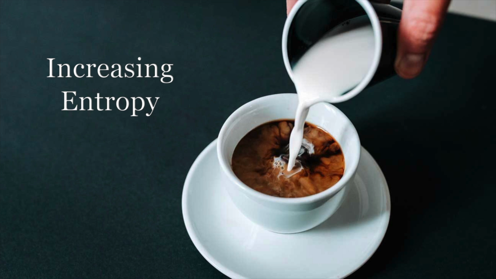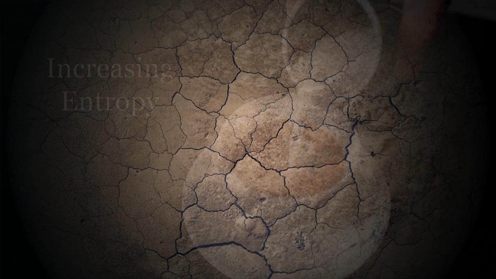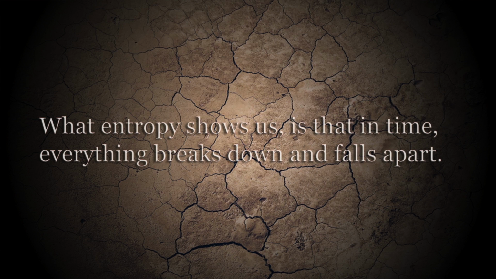That would be the state of maximum entropy. When you first put the cream in the coffee, that would be a lower state of entropy than when it's fully dispersed. So what entropy shows us is that in time, everything breaks down and falls apart, including our bodies.